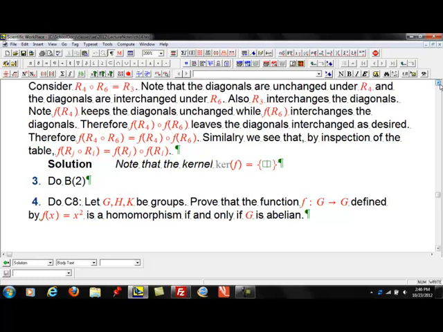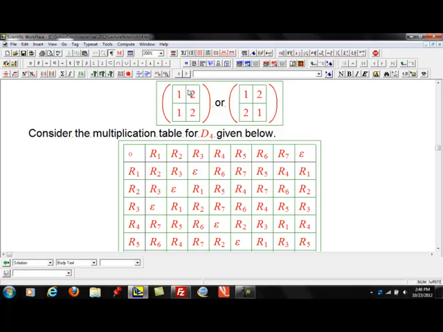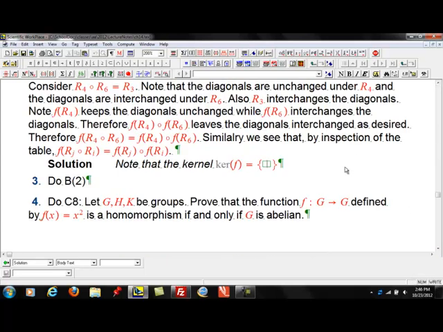Well, under F, what is the identity? Diagonal 1 goes to diagonal 1, diagonal 2 goes to diagonal 2. That's our identity mapping. So which of those elements on page 73 got mapped to the identity? Obviously, the identity operation gets mapped to the identity because the identity didn't change anything to begin with.